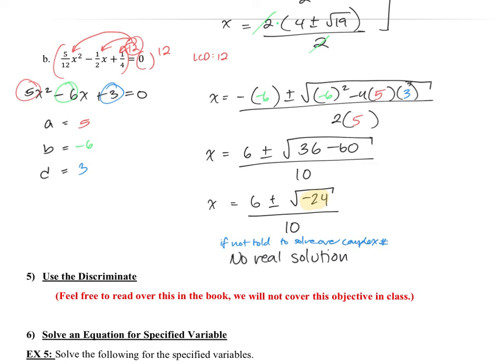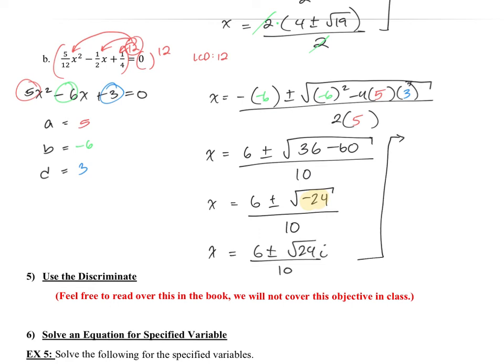However, if you were told to solve over complex numbers, I'll go ahead and show you that. So actually, technically, because this problem did not tell you to solve over complex, that would be the answer. But let's say they did. Let's go ahead and take a look at that. Well, we'll change that negative to i. So we get the square root of 24i all over 10.